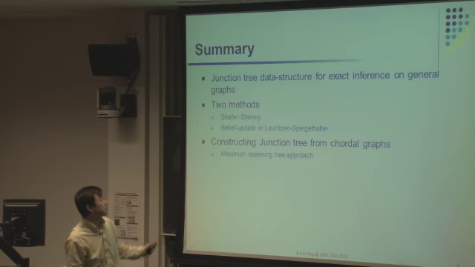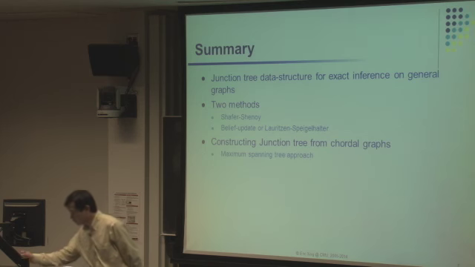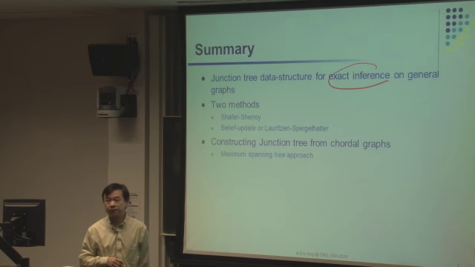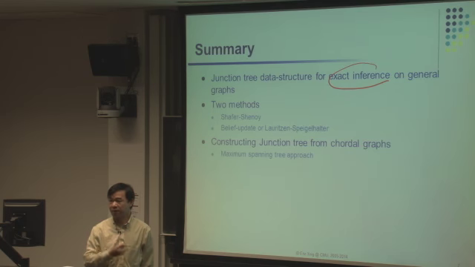Here are the take-home messages. You want to understand what a junction tree is and what it is used for. It is used for exact inference, and by definition, the junction tree algorithm can be intractable if you have a very strange graph, like the Ising model or some other model whose tree width is very big, no matter how you create the junction tree or how you do the elimination ordering to produce the smallest possible intermediate cliques.